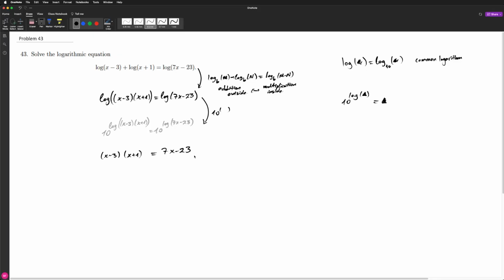So how do we solve this equation? Well, first we have to simplify the expression on the left, and it's going to be a quadratic equation. So we're going to end up moving everybody to the same side. So let's multiply out the left-hand side: x squared plus x minus 3x minus 3. That's how the left-hand side is simplified.